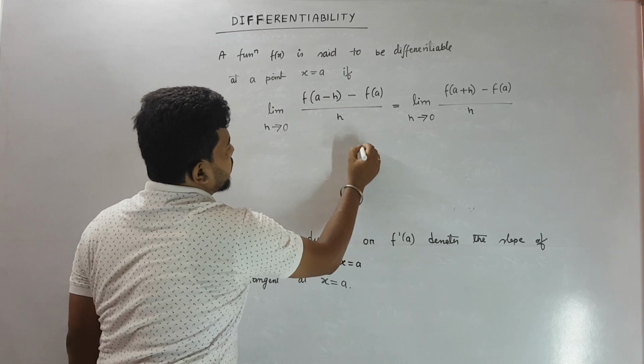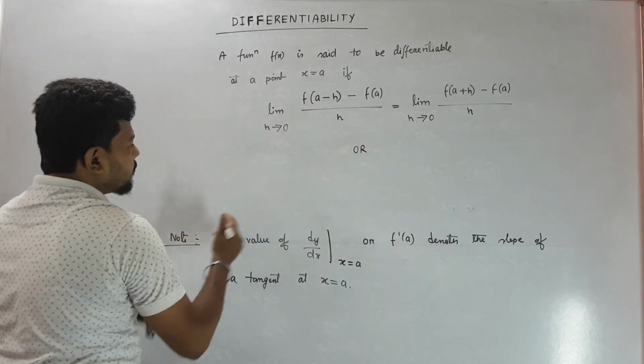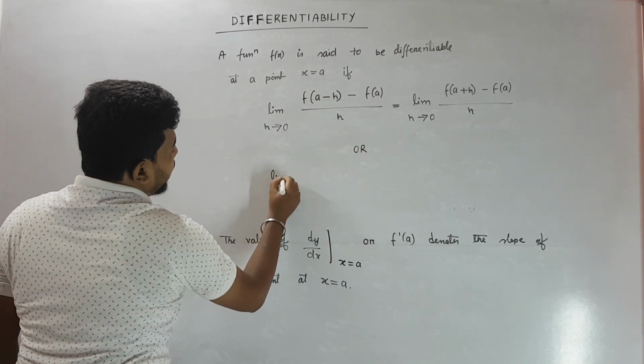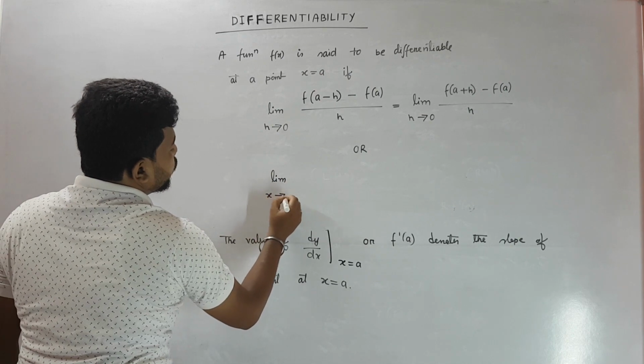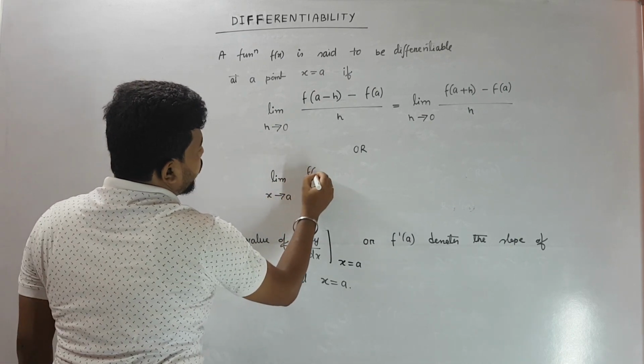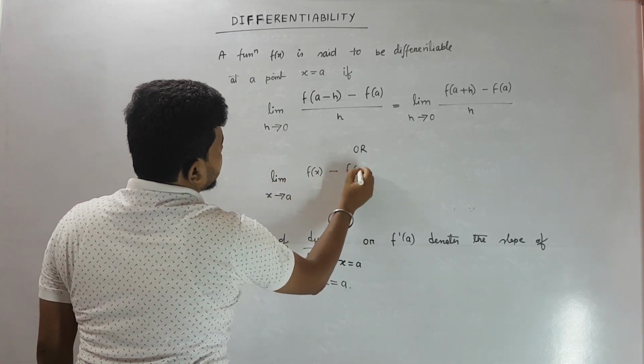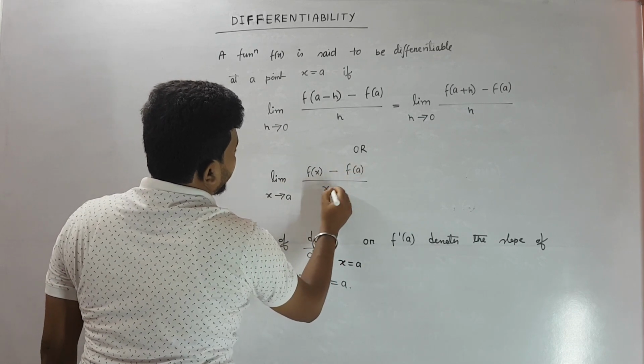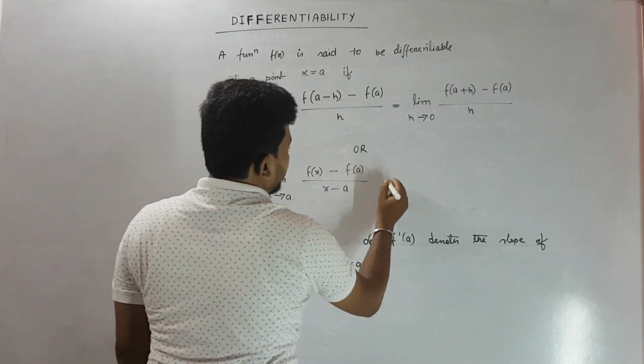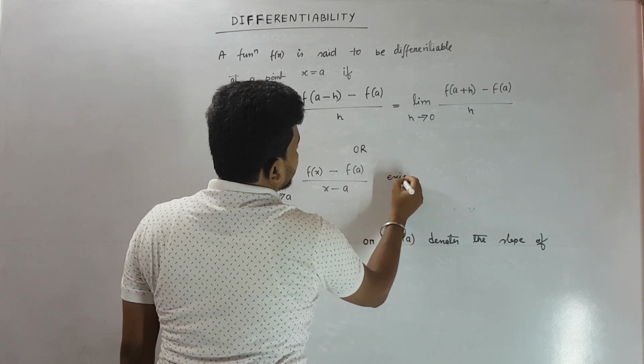Or in many books they write limit x tends to a of f of x minus f of a by x minus a exists.